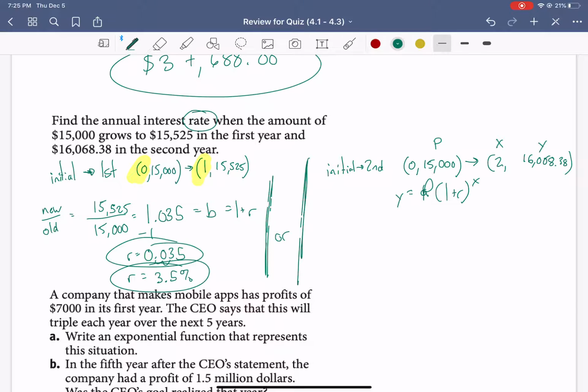So we have $16,068.38 equals $15,000 times 1 plus our rate raised to the power of 2. We would divide this out.